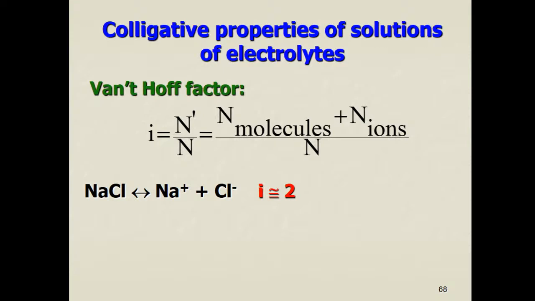So i shows the number of ions formed due to dissociation, if it dissociates completely. So 2 ions, that means i is approximately equal to 2. For potassium sulfate, for example, i is approximately equal to 3, as 3 ions are formed due to dissociation. For a strong electrolyte, we accept they dissociate completely, and that's why i can be predicted approximately.